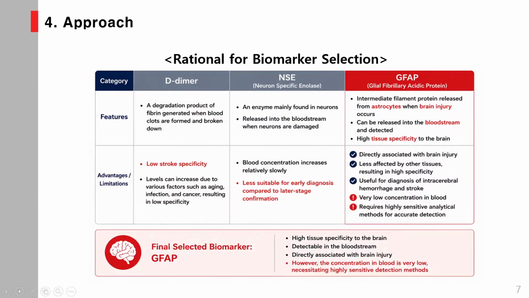In contrast, GFAP has higher brain specificity and is more directly associated with brain injury than the other candidate biomarkers. For this reason, we selected GFAP as the final biomarker for our diagnostic kit. However, GFAP is present at very low concentration in the bloodstream, so a highly sensitive detection method is required.